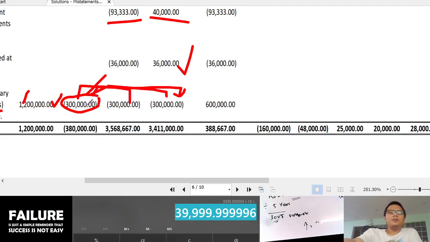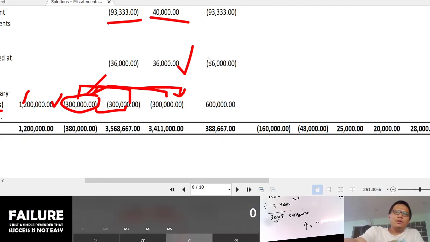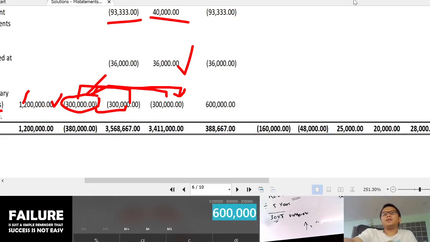That is 600,000 overstatement. So, the net overall effect sa retained earnings natin is that originally, the 1,200,000 minus the overstatement of 300 in 2017 less the overstatement of 300,000 in 2018. So, we have a net understatement of 600,000.